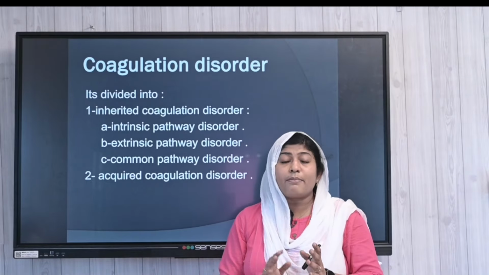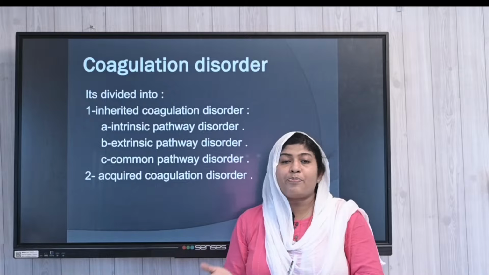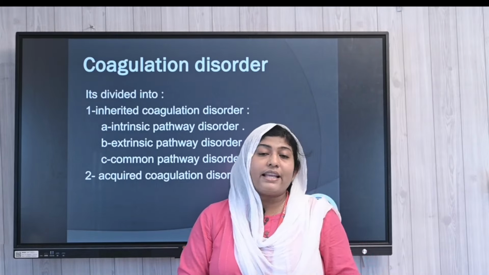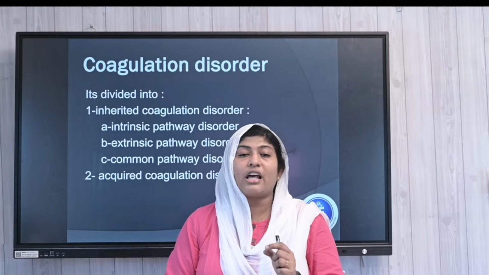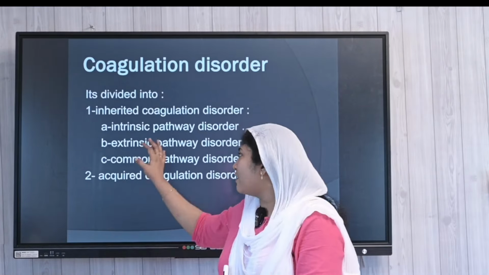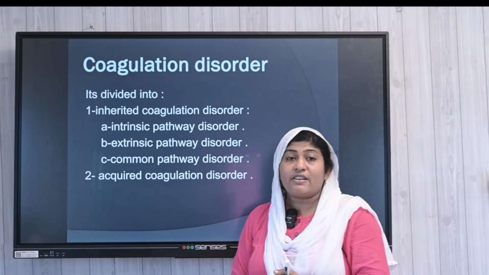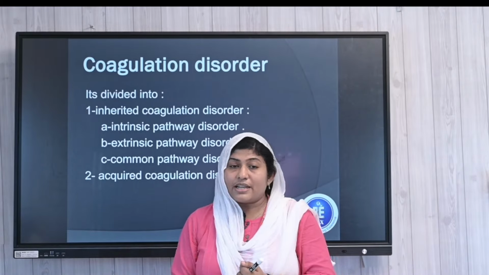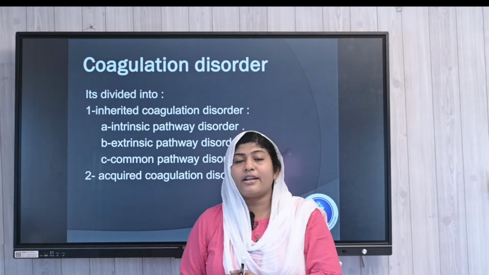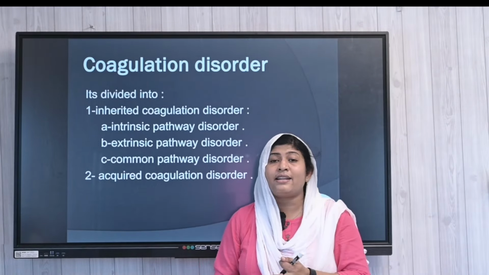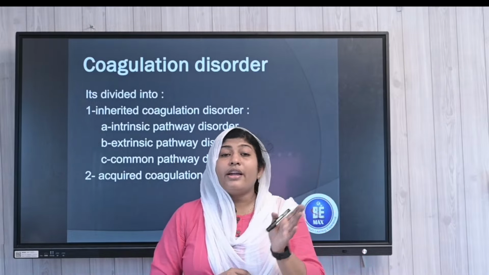Whenever factor 12 is activated to 12A, pre-kallikrein is activated to kallikrein with the help of the cofactor high molecular weight kininogen. After factor 12, factor 11 is activated, then factor 9, then 8. So 12, 11, 9 and 8 all come under the intrinsic pathway.